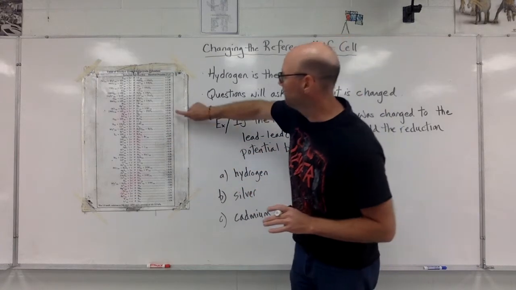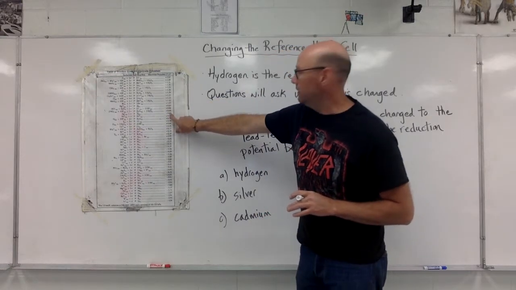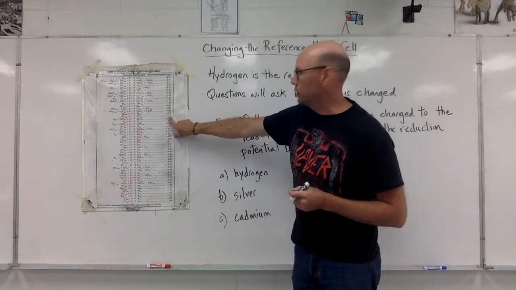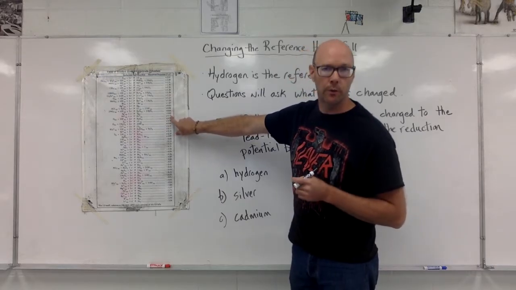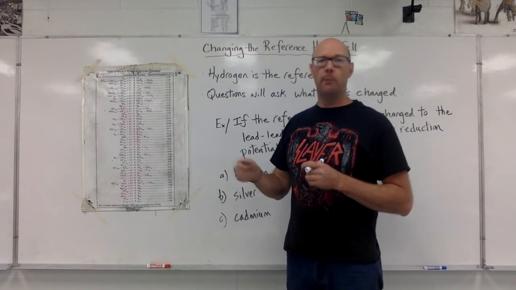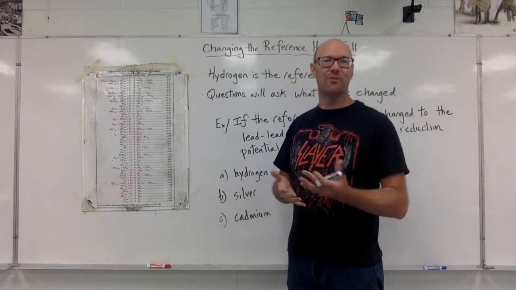For example, the silver line is at 0.80, and right below it is iron 3 getting oxidized into iron 2. The difference there is 0.03. That difference in between there is always going to hold stable. But we can shift all of these numbers around by changing the reference half cell.